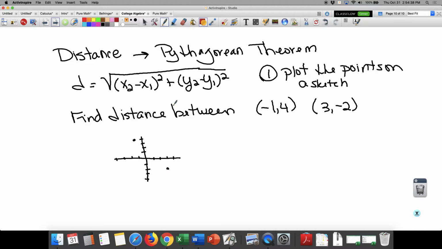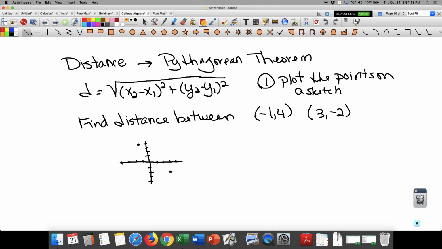Okay? Now, the first thing I'm going to do is connect these two points. That's the distance that I am wanting. This length right here.